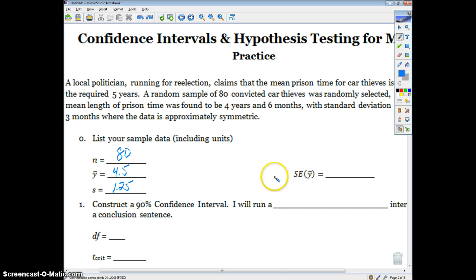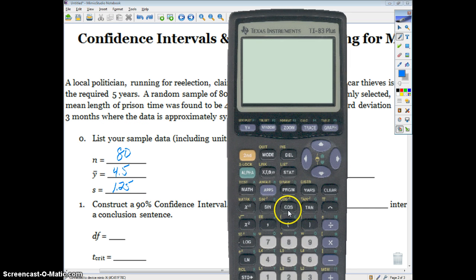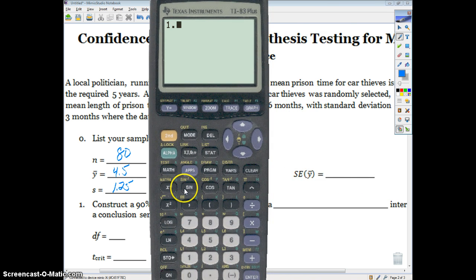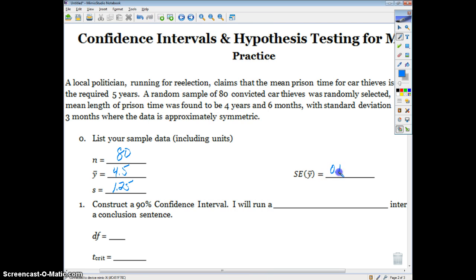All right. Now I am going to calculate the standard error. The standard deviation divided by the square root of the sample size. Okay, doesn't matter that I don't have the end parenthesis, so 0.1398. Okay.